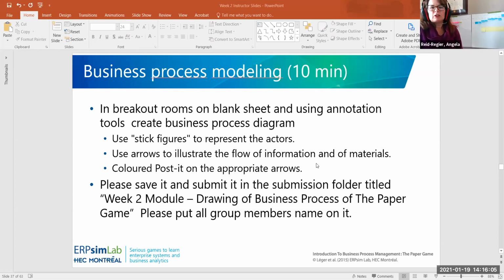I want you to use stick figures to show the business process, representing everything: buying, selling, making, paying, being paid, all those sorts of things. You can do it any way you want, on a piece of paper, take a picture and submit it, or electronically, that's fine. But please submit it into the submission folder called Week 2 module, Drawing a Business Process of the Paper Game.